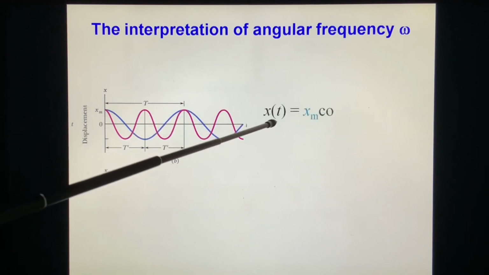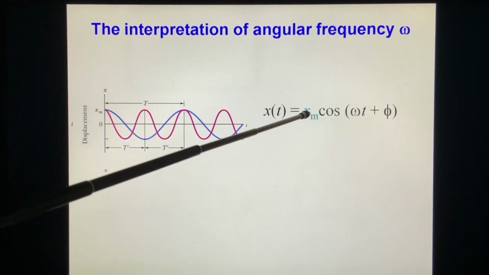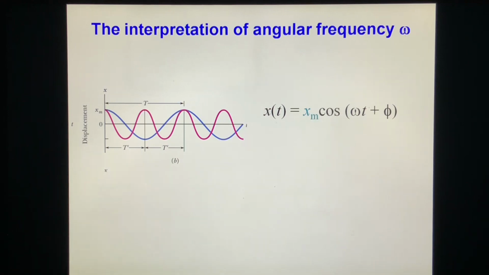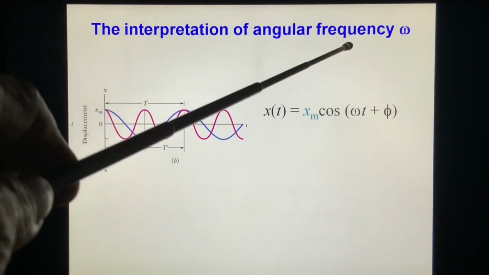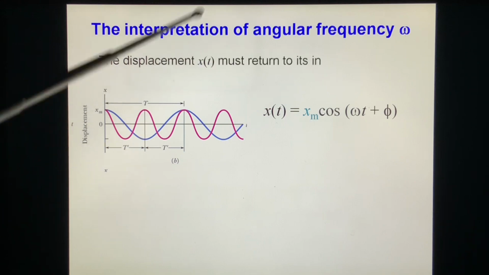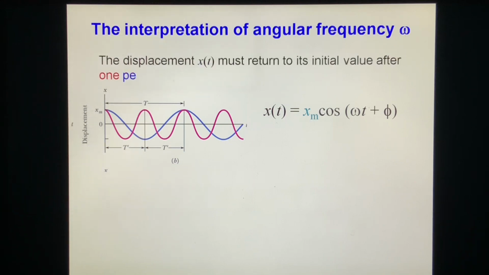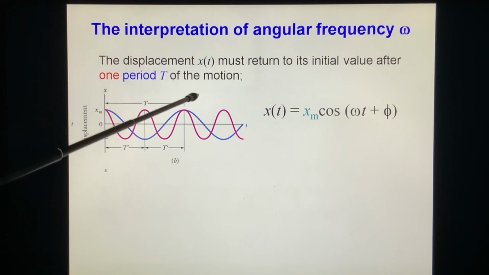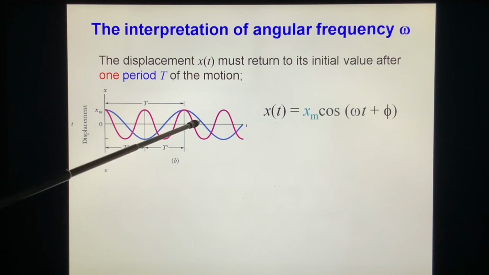At time t, x at time t, you could write x_m cos(omega t). What we call frequency: the displacement x(t) must return to its initial value after one period of time T. After one period, this one repeats here, okay?